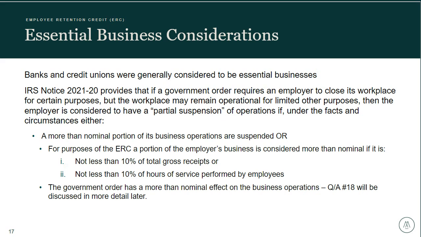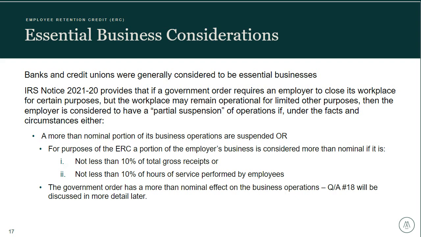So for instance, you could consider things such as when a lobby in a bank is shut down, what activities occurred in that lobby? What revenue streams were generated by physically having employees there? Can we document enough of those revenue streams to exceed 10% of gross receipts in 2019?